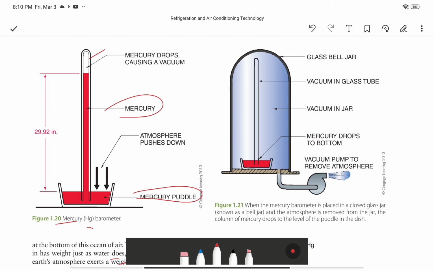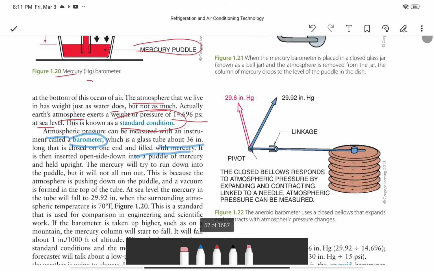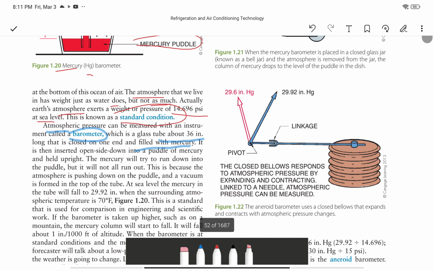Once the atmosphere pushes down on the mercury, this red one goes up to this height, 29.92 inches. That is actually the measurement. So we'll read it. The mercury will try to run down.